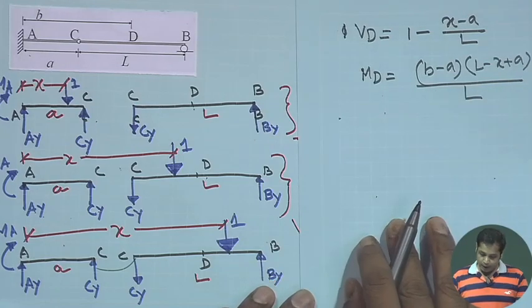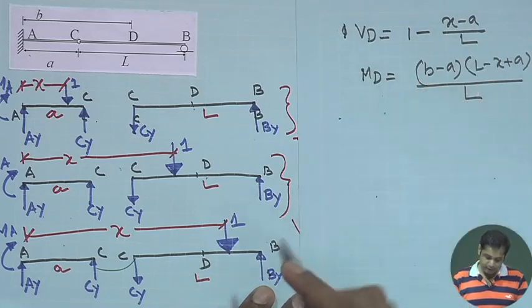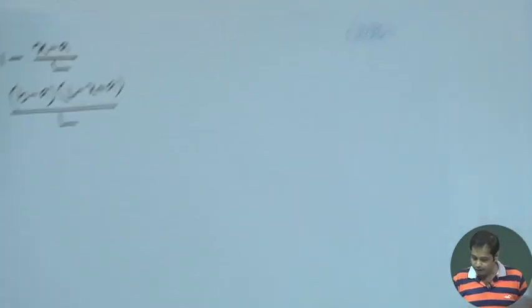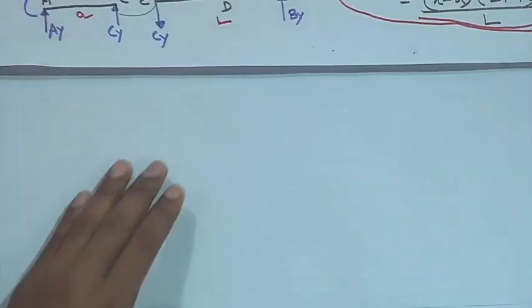So, this is the expression for shear force and bending moment at D, when the load is between D and B. Now, let us draw the influence line diagrams. Okay. Now, first draw the influence line diagram for say Ay.